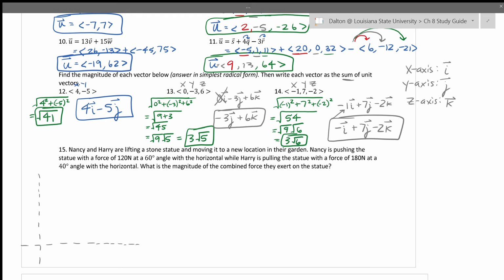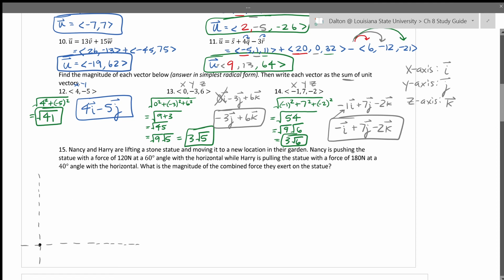Okay, so let's draw what that vector looks like. Nancy is pushing the statue. Whatever your object is, that's typically also going to be the origin. So let's pretend the statue is at the origin. She's pushing on that at a 60-degree angle with a force of 120 newtons.